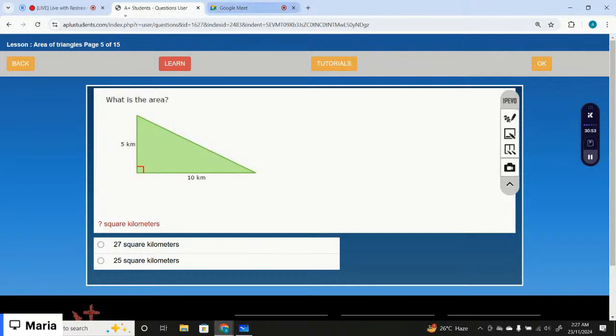So the correct option is that is 25 square kilometers. Option number 2 is the correct option.